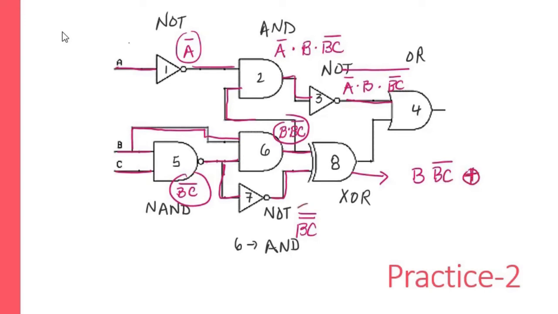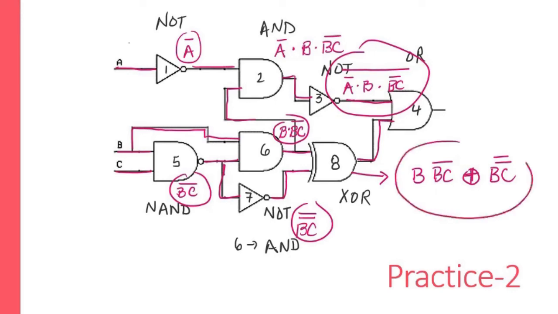And the second input is not B and C. All right, so we have our 2 outputs, not A and B and not B and C. That's our first input for the final OR gate. The second input for that final OR gate is B and not B and C, XOR not B and C.